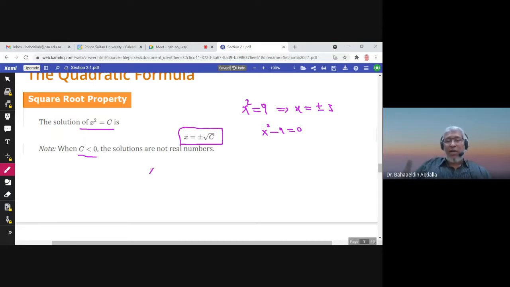For example, if x squared is negative 16, then x would be plus or minus the square root of negative 16, which involves i, the imaginary number. So these numbers are not real, and we say no real solutions for such an equation.